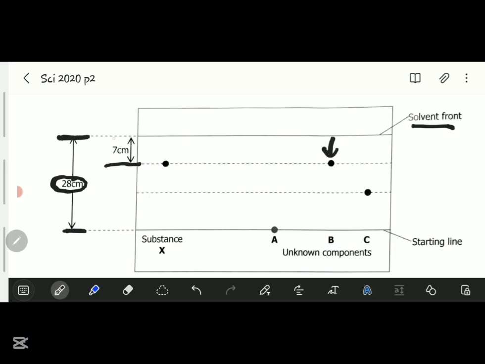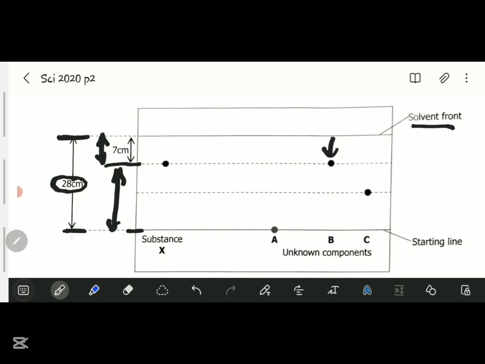Now from 28, we have a difference of 7 centimeters. So what we are looking for is this distance, because this was the distance covered and not the 7. So B moved from the starting point to where it is, which is 7 centimeters below the solvent front. So how do we find this distance?